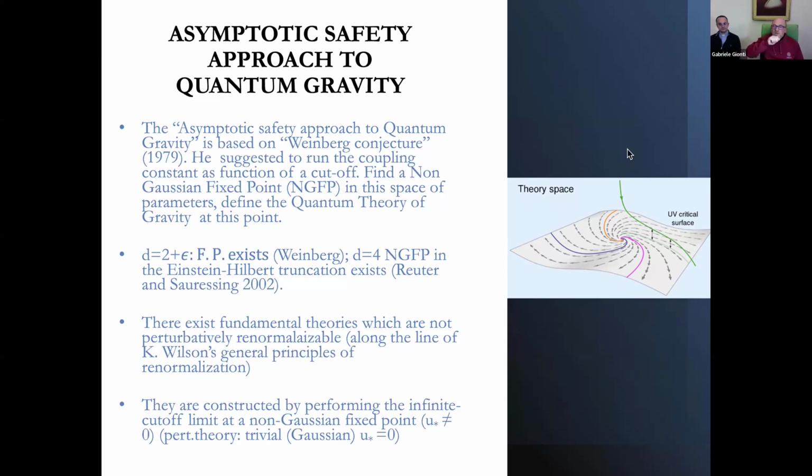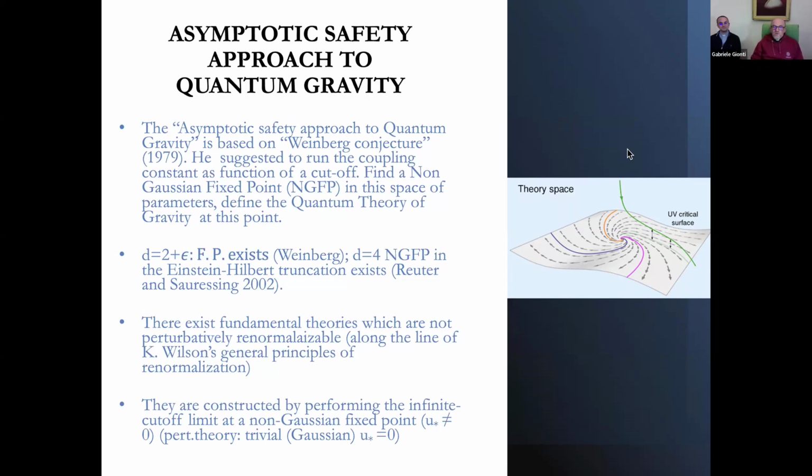So the next step is to send the cutoff to infinity and search for a non-Gaussian fixed point in the space of the parameters. If you find this non-Gaussian fixed point, you quantize the theory, in this case quantum gravity, at the non-Gaussian fixed point. He proved that in 2+epsilon dimensions, this approach works.